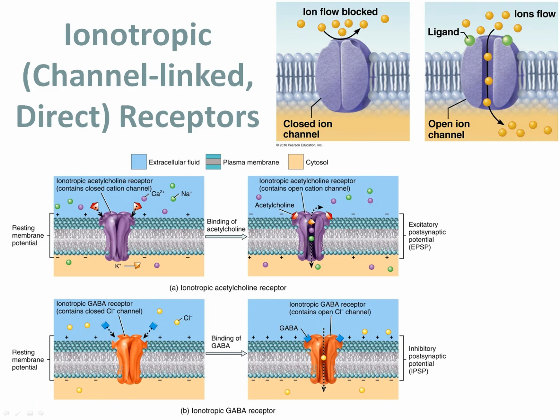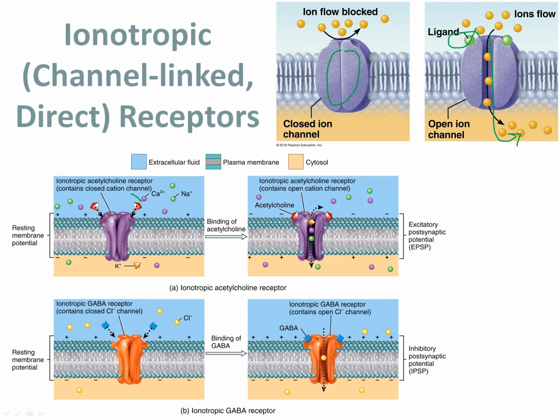So here's a diagram of ionotropic receptors, and you see that normally the channel is closed. When the ligand or chemical neurotransmitter binds, the channel opens up and ions can flow in or out depending on their concentration gradient.